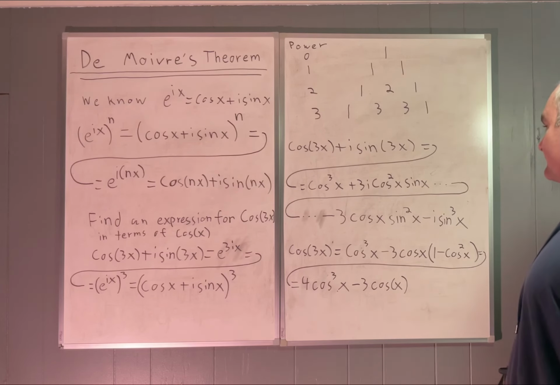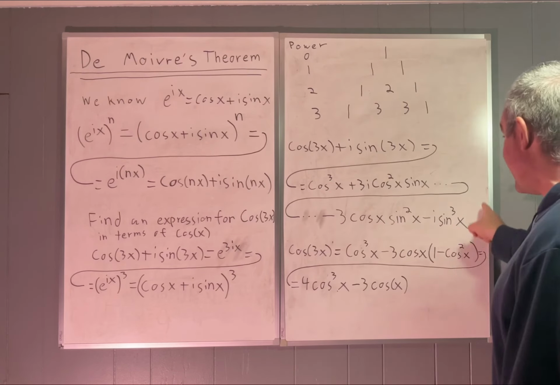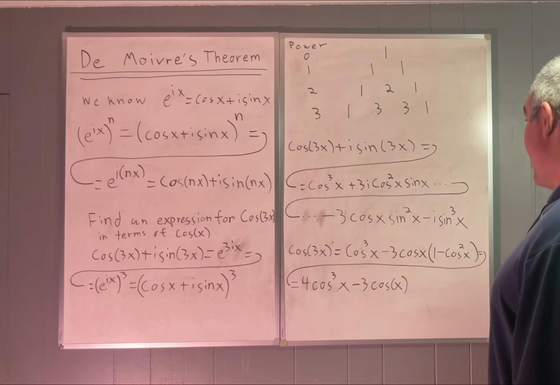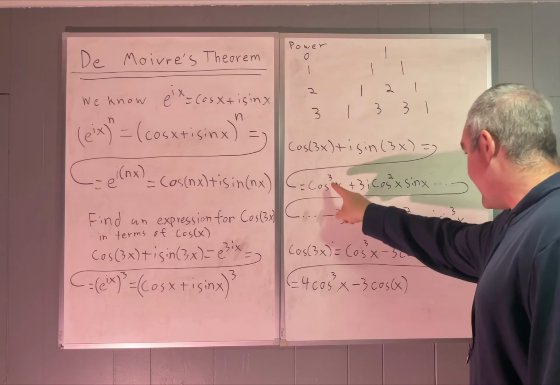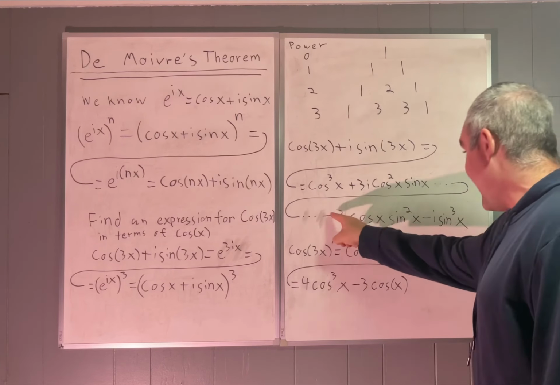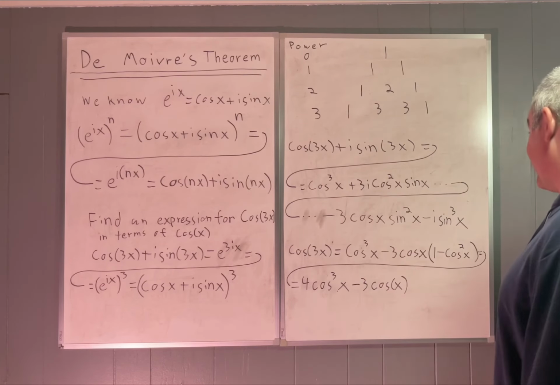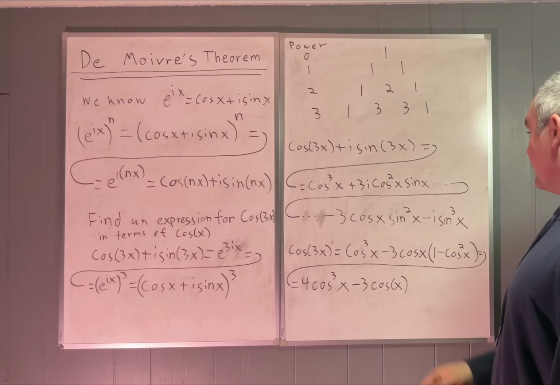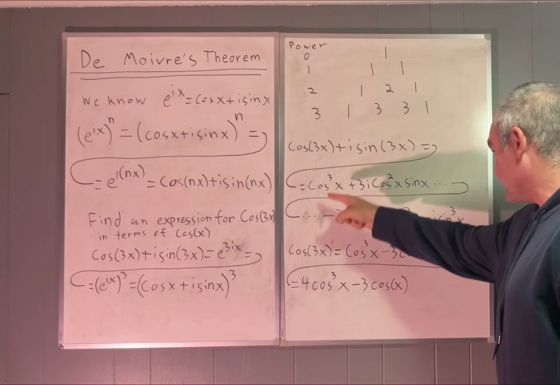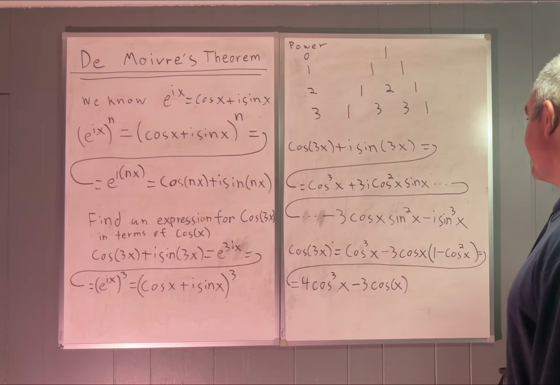And then since we're interested in the real part of this, the real part is cosine cubed x minus 3 cosine x sine squared x. That's it. That's the real part of this, and that's what we're interested in.